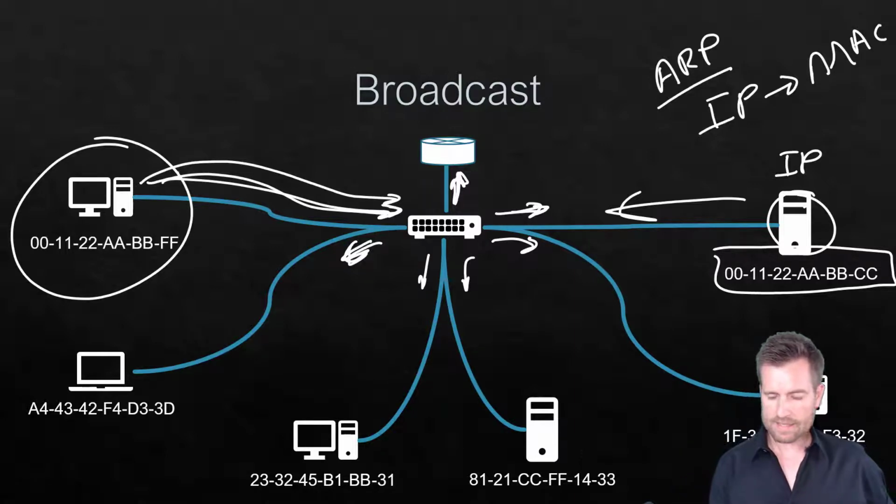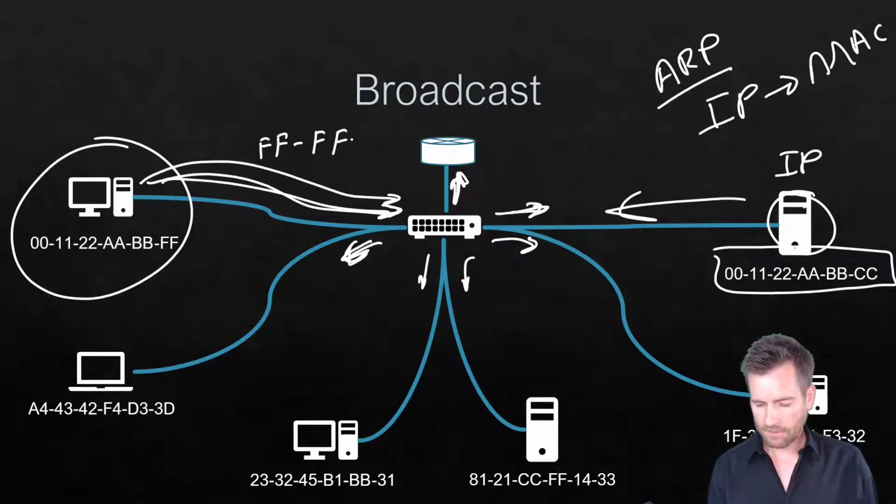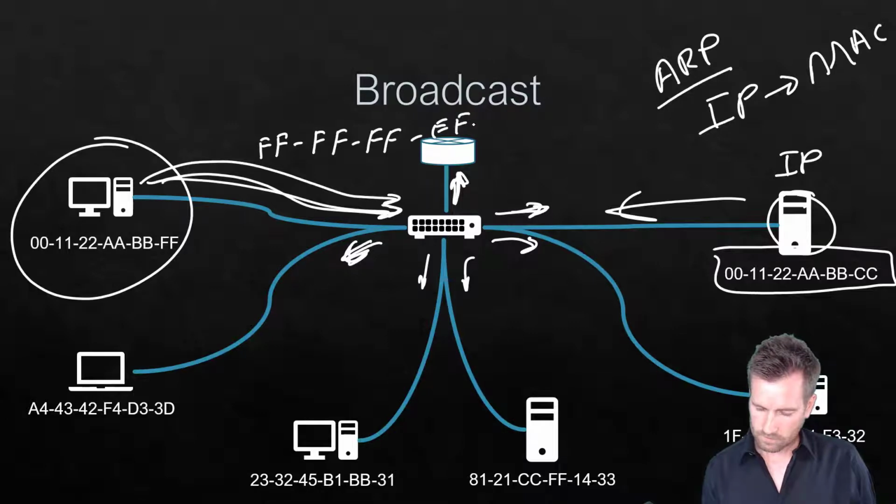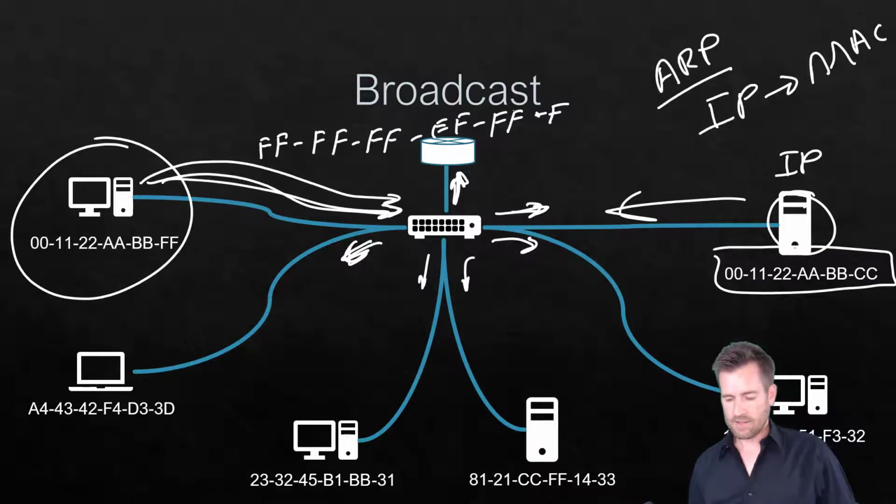But the problem is it doesn't know the destination where that's going to go. So it sends out the ARP request with a destination address of FF:FF:FF:FF:FF:FF.